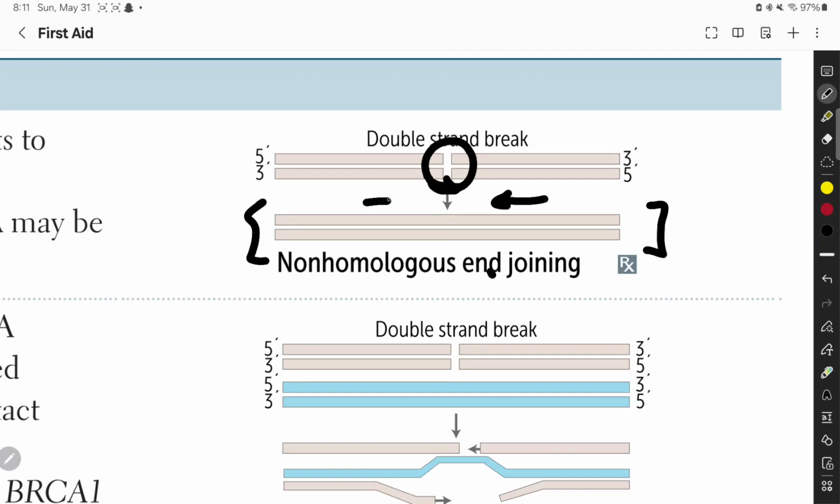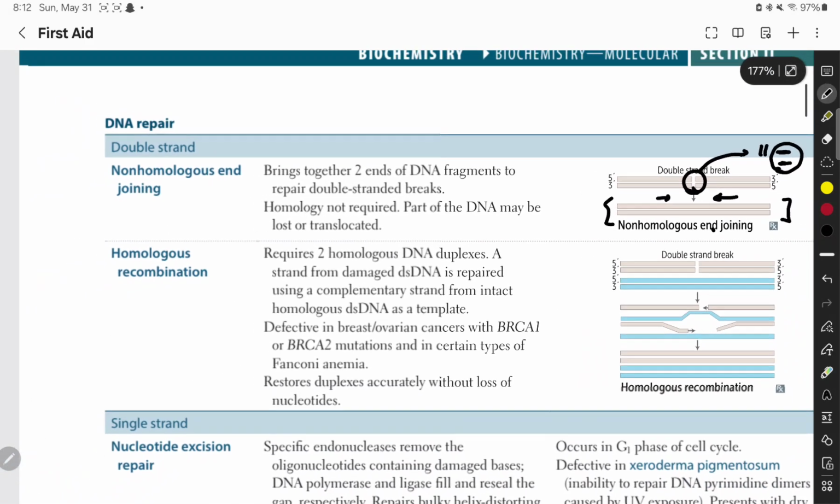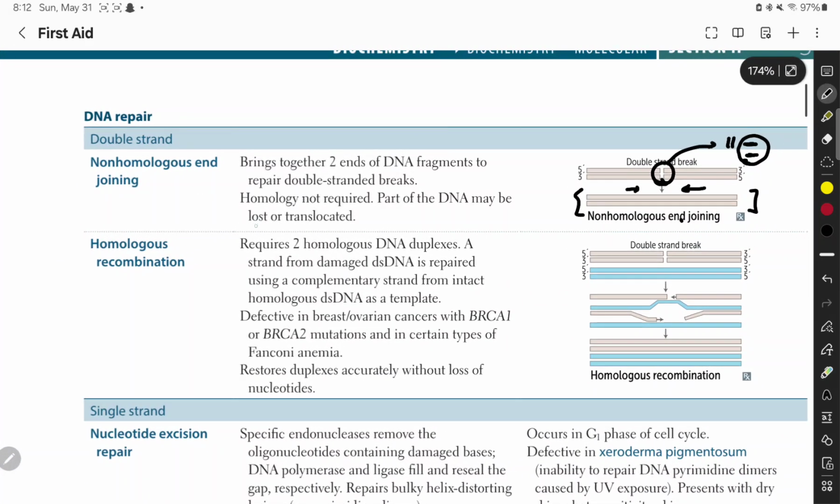So they join it like this. They seal the break by joining the non-homologous ends. The part that was removed from here, this part and this part, is lost in this process. So part of the DNA may be lost or translocated in this process.